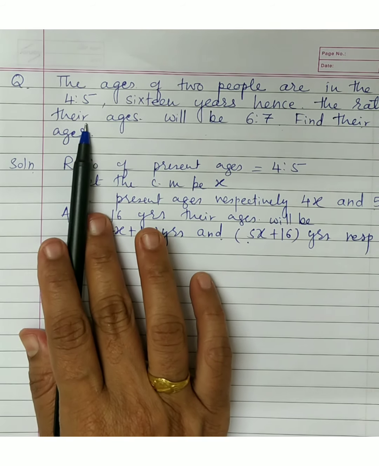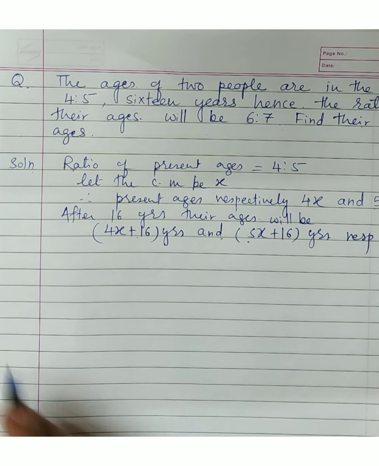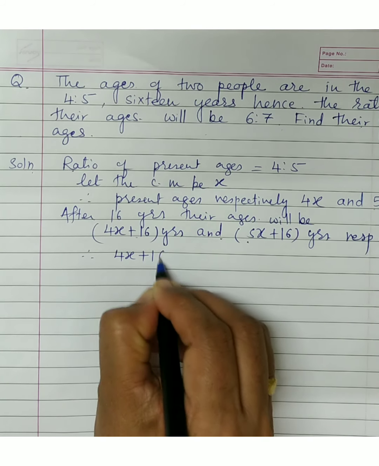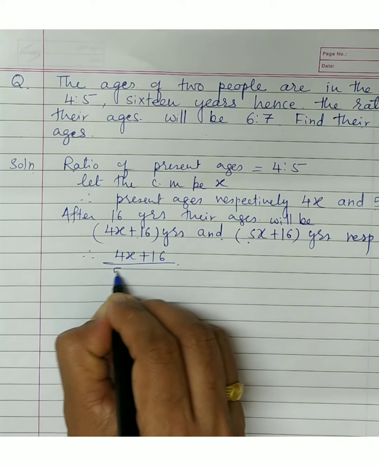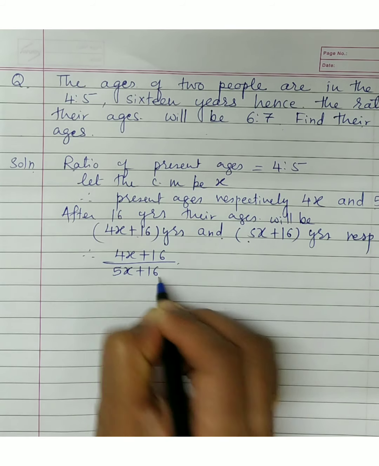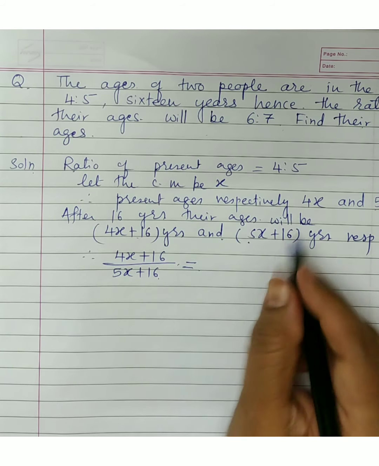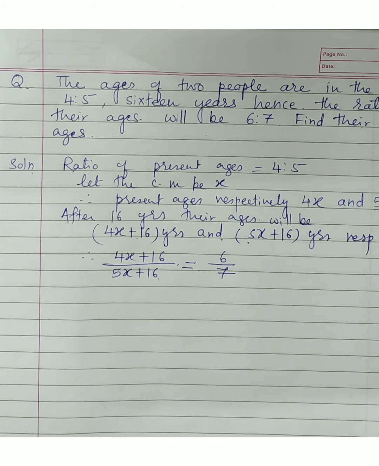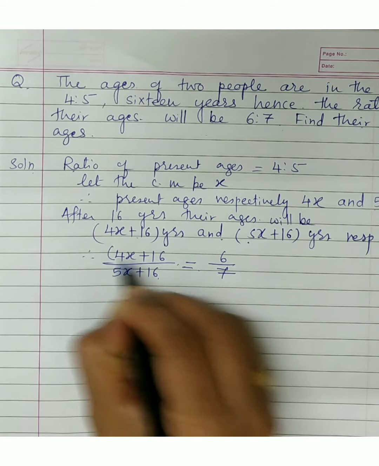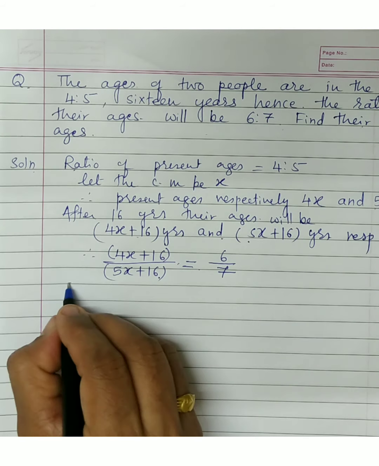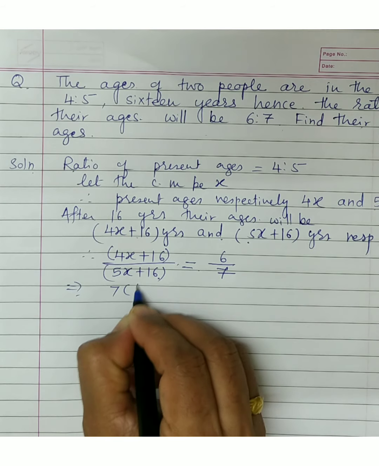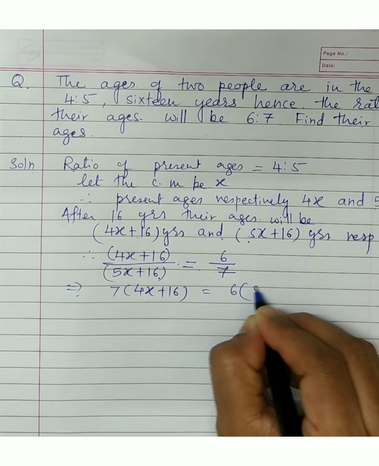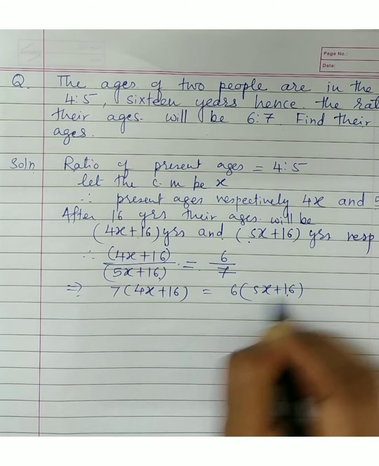And what is given? The ratio after 16 years is 6:7. So let's work for that. 4x plus 16 upon 5x plus 16. This ratio will become 6:7. Solving this will give you the answer. You go for cross multiplication. You have 7 bracket 4x plus 16 equals 6 bracket 5x plus 16.